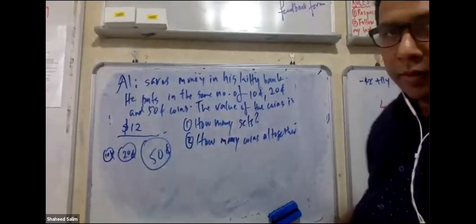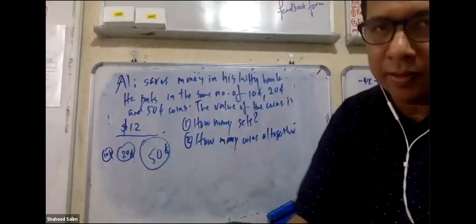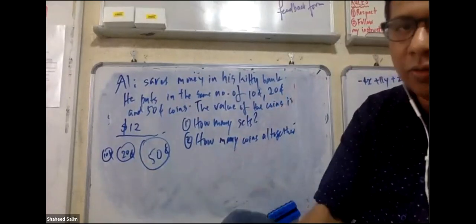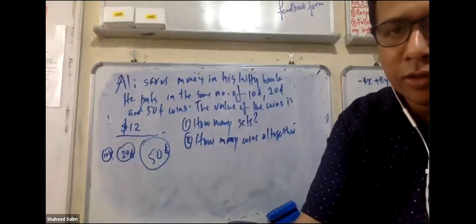Use a calculator, find out lah. Just now the first one is 80. 80 cent is one set. Then 45 coins. Yes, well done.